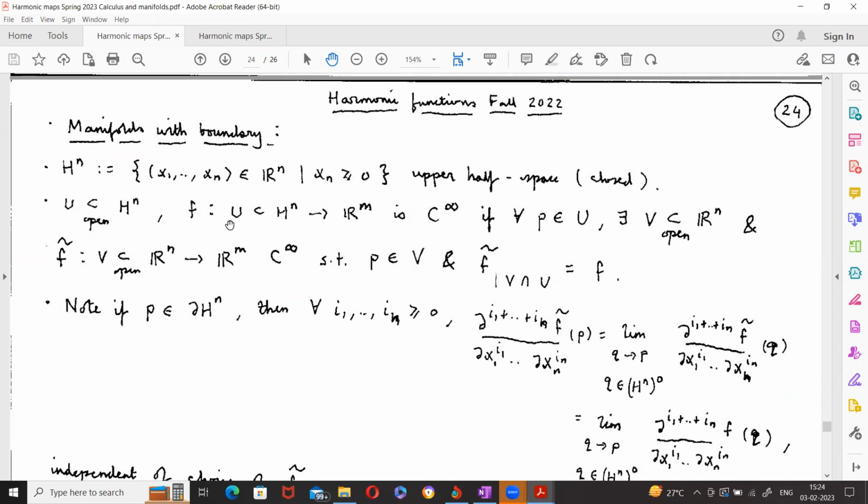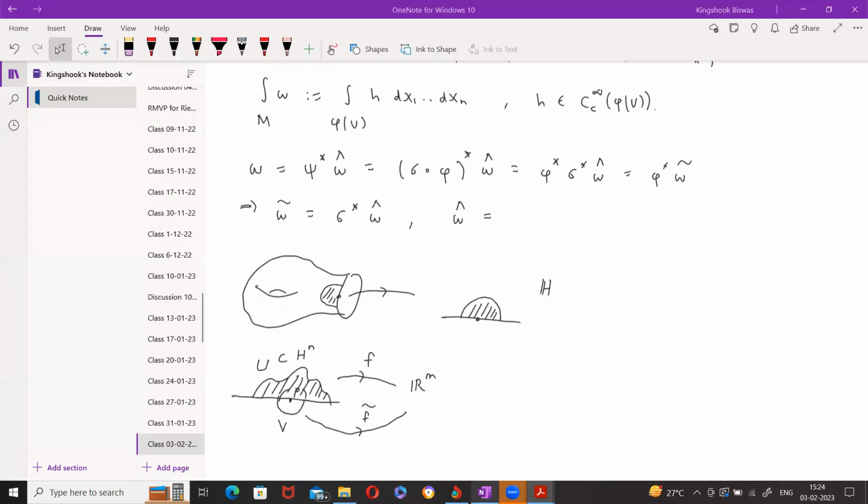We say that F from an open subset U in Hn to Rm is smooth if for any point P in U, there exists an open neighborhood V of P in Rn, and there exists a map F tilde on V taking values in Rm, such that F tilde is smooth and F tilde restricted to V intersection U is F. That's what we're seeing in this picture.